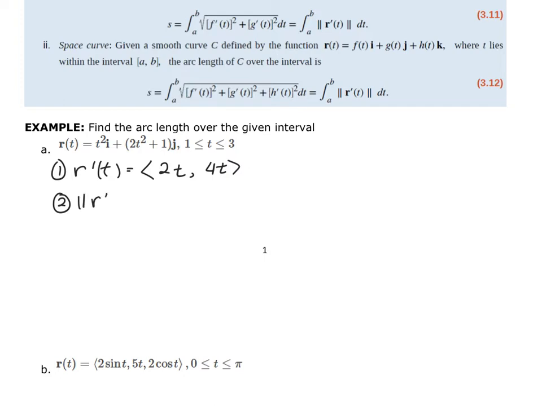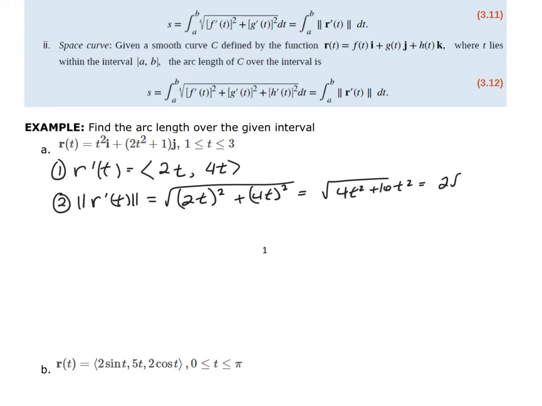So the modulus of r prime of t is equal to the square root of 2t, the quantity squared, plus 4t, the quantity squared, which gives me the square root of 4t squared plus 16t squared, which is 20t squared underneath the square root, and so I end up with 2 root 5 times t.